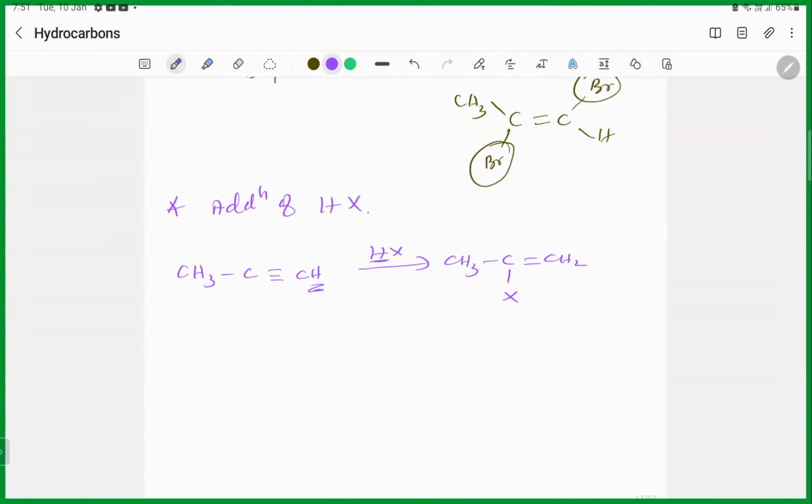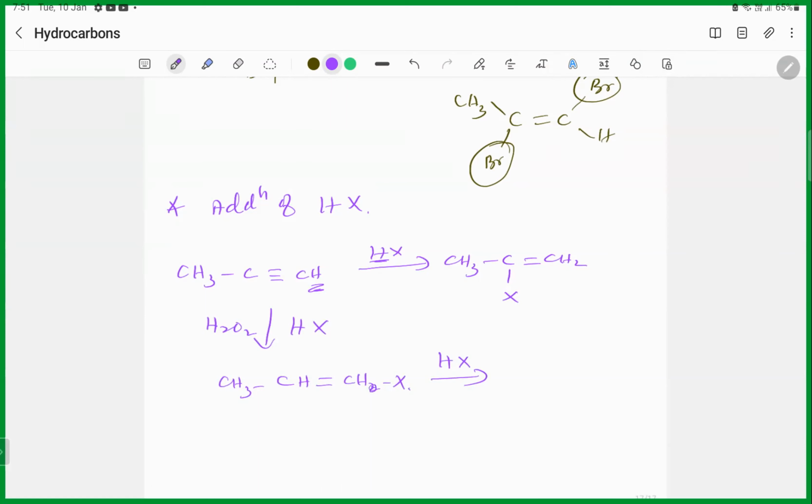So in the presence of HX, in the presence of H2O2, what will you get? CH3 CH double bond CH2X. Again you are adding HX, so the hydrogen will go to the carbon which has more hydrogen.